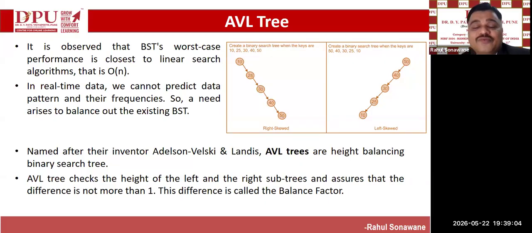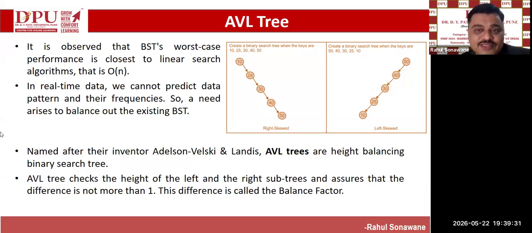Anything different from these two values is not permitted. Okay. So if that difference is either 0 or 1, then it is permissible. If you are getting the difference between the height of the left subtree and the height of the right subtree more than 1, right, then the tree is called unbalanced. Otherwise, the tree is called a balanced one.